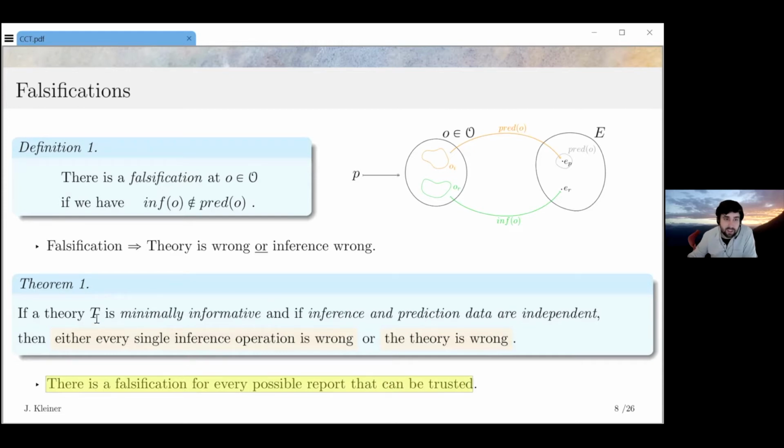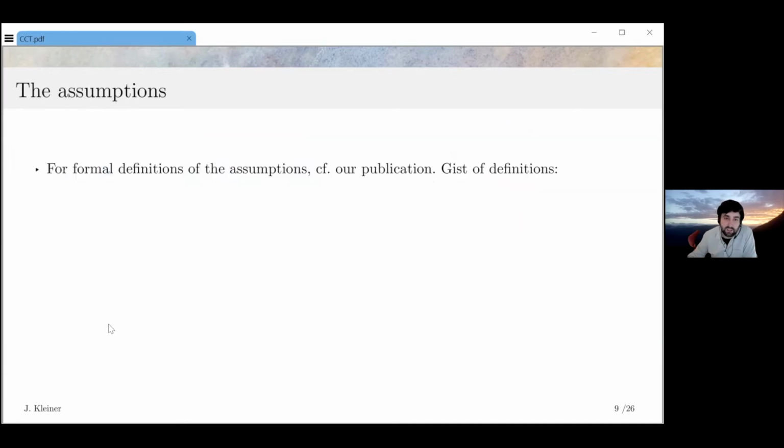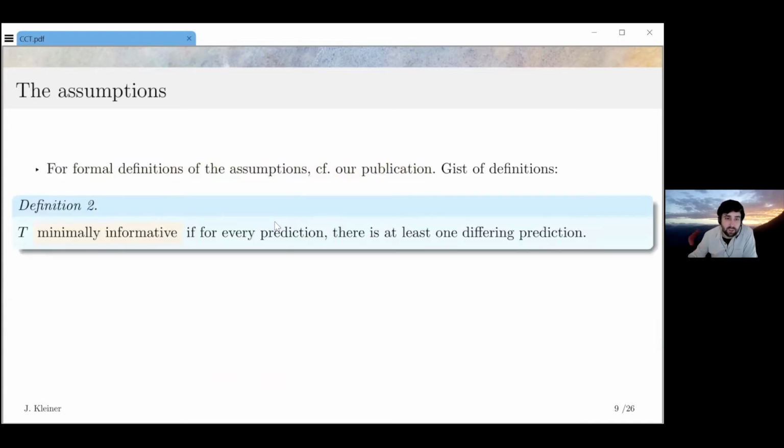The assumptions here are that the theory is minimally informative and that the inference and prediction data are independent. In order not to lose too much time, I will not introduce the formal versions of these assumptions, but I will tell you the gist of them. The first assumption is that a theory is minimally informative.